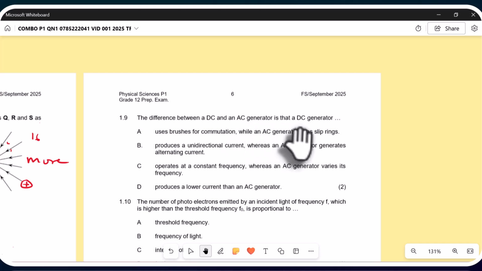Then 1.10 here, they said that the number of photoelectrons emitted by the incident light of frequency f, which is higher than the threshold frequency f naught, is proportional to: threshold frequency, frequency of light, intensity of light, then f minus f naught. I repeat, the number of photoelectrons emitted by an incident light of frequency f, which is higher than the threshold frequency f naught, is proportional to.